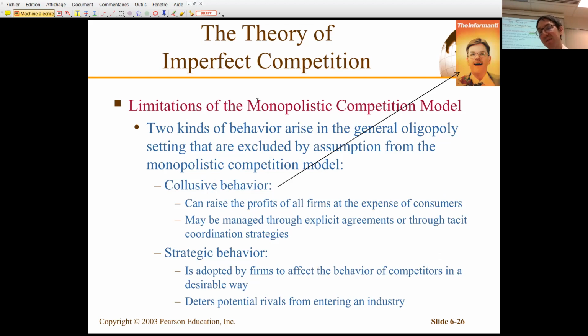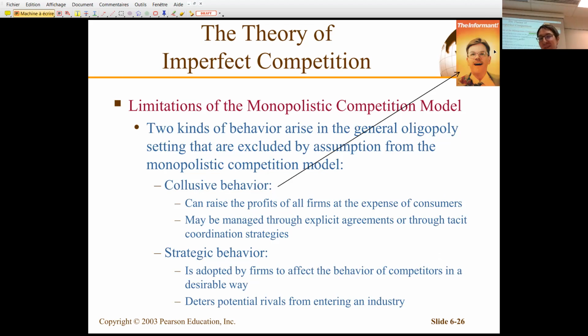Some other things that might be going on in markets that we don't consider. So here I have shown this small poster there. So one is collusive behavior. It's when essentially firms decide that they don't want to compete against each other and they prefer to collude.